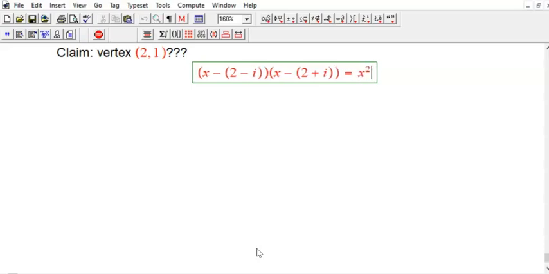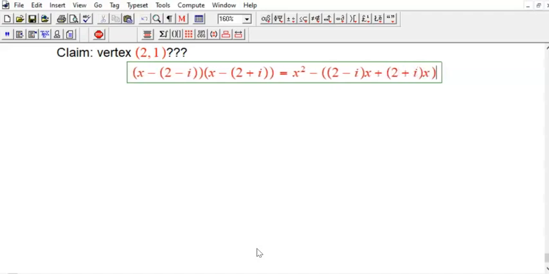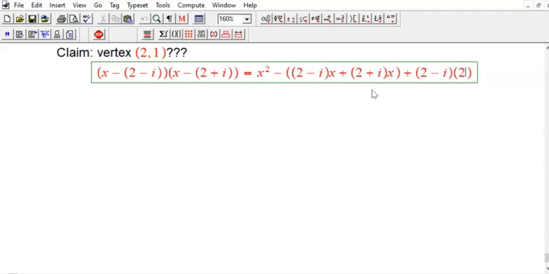Okay, so we're going to get x squared minus, we've got to be careful with our parentheses, 2 minus i times x, let me group this all together, and then another 2 plus i times x. And then plus, minus times minus is plus, 2 minus i times 2 plus i.